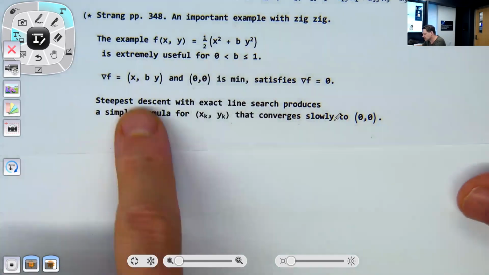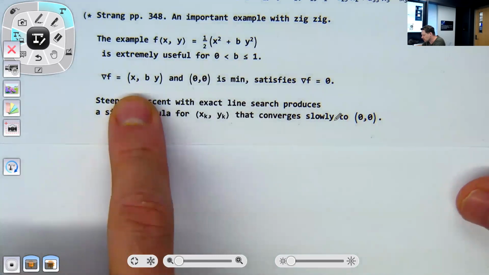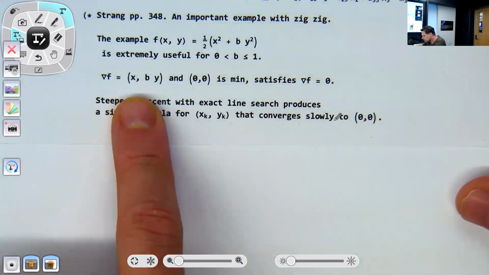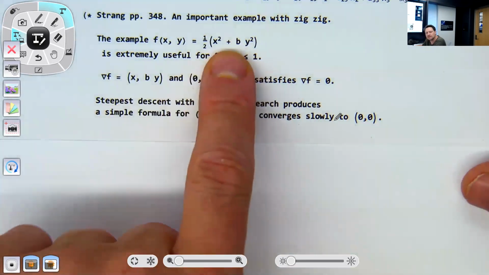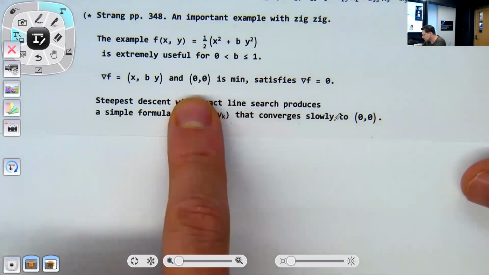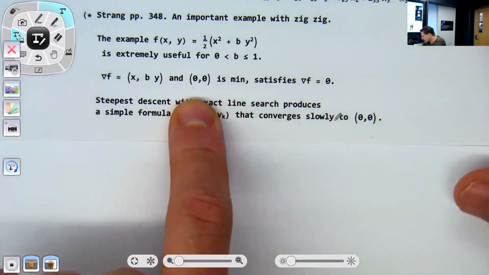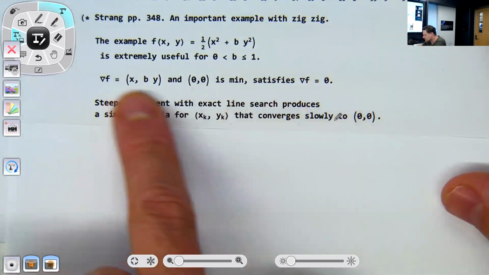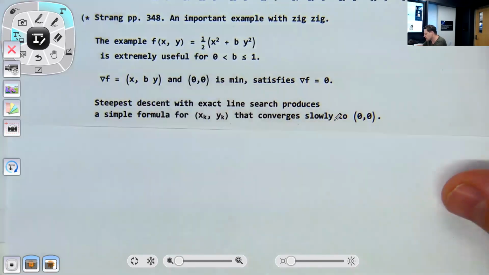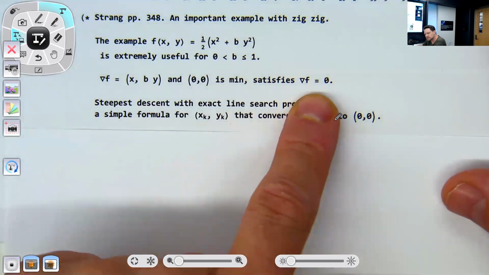The gradient vector here is simple to calculate. It's (x, by). And it turns out, quite obviously, that (0, 0) is the minimum, and it satisfies grad f equals 0. Putting in (0, 0) gives grad f equal to the zero vector.